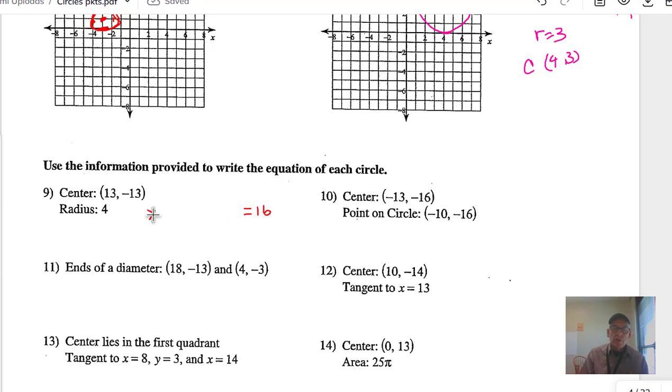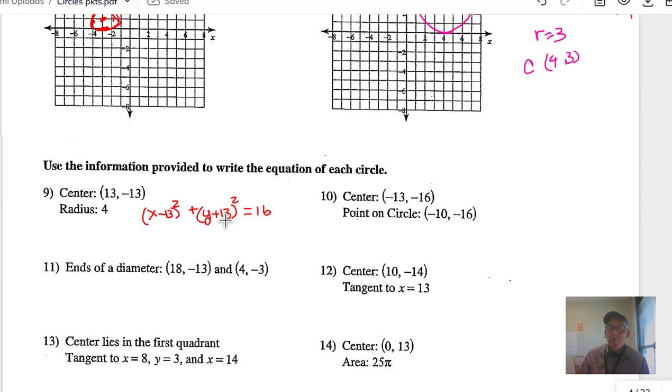That's going to be an x minus 13 squared. Again, it's the opposite. And then plus, and this is a -13, so it's going to be y plus 13 squared. So to check it out, if I do the opposite of a -13, I get a +13. If I do the opposite of a +13, I get the -13. If I do the square root of 16, I get the 4. So that's the equation that goes with this circle.